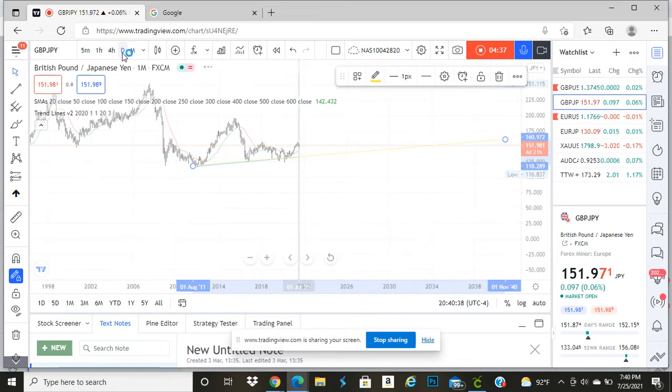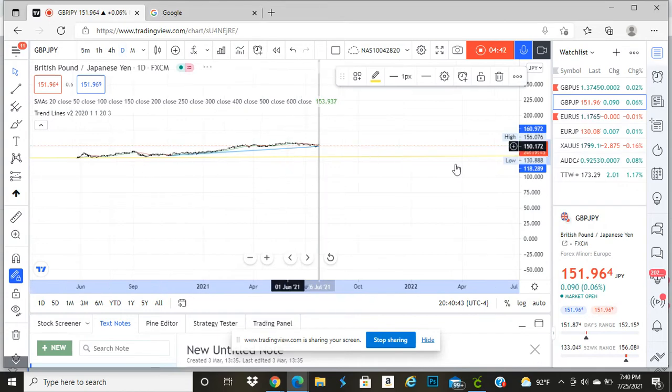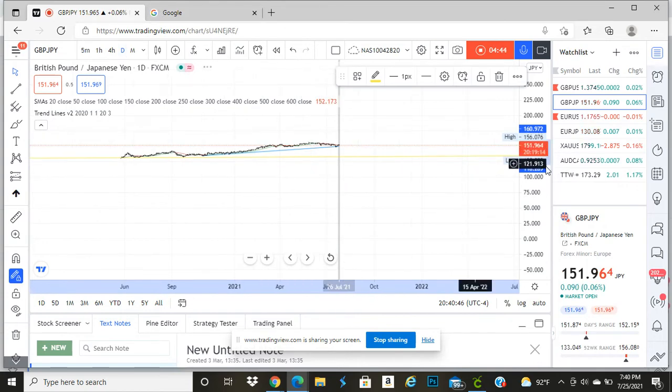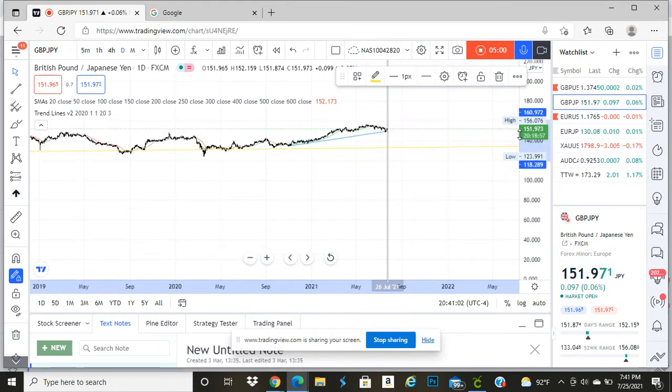If you can clearly see a trend line on the daily time frame, look, there go another one. You see? If you can clearly see a trend line on the daily time frame, then you know to go to the hour or go down to lower time frames and you'll have more entries because it's going in the direction of the daily time frame, if that made sense.